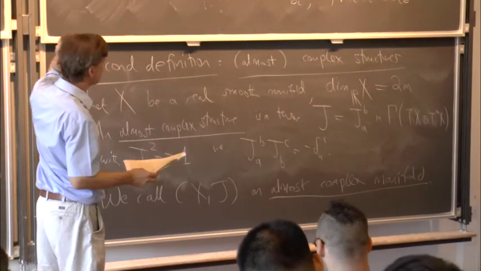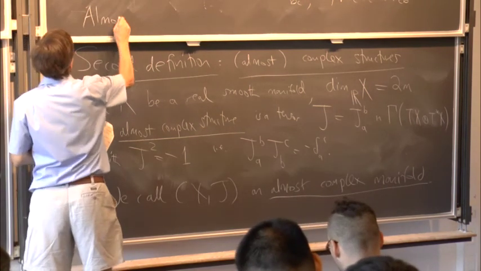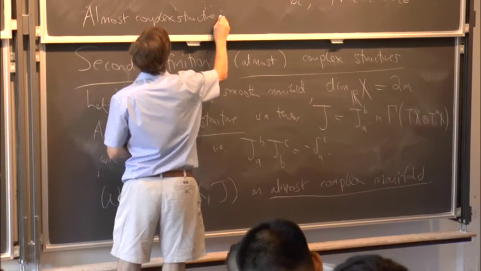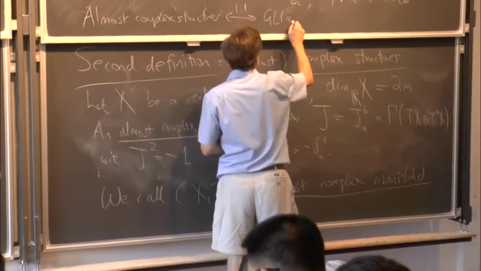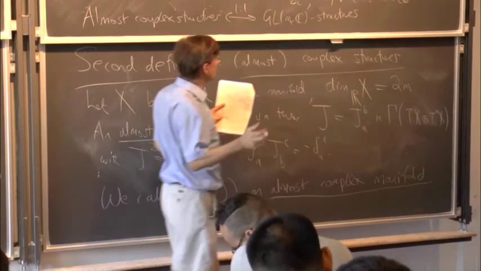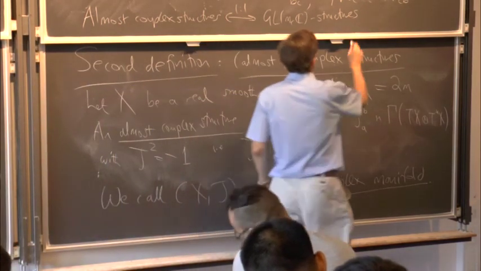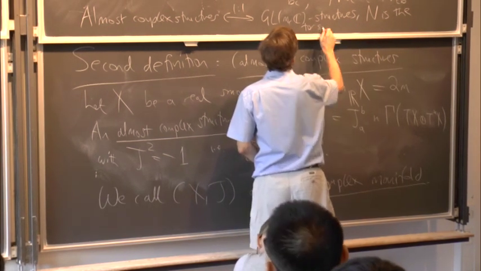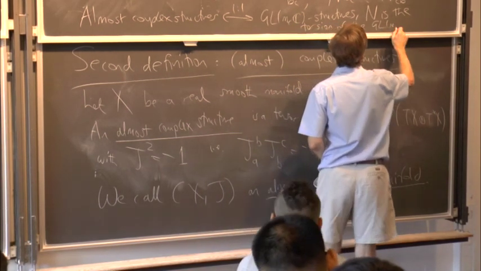So in fact, almost complex structures are equivalent to GL(m,C) structures, in the sense of G-structures I was telling you about, and then N is actually the torsion of the G-structure, of the GL(m,C) structure.